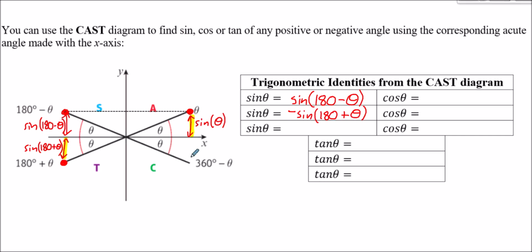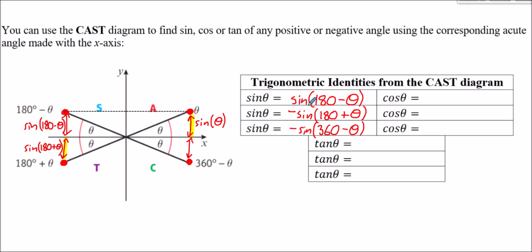In a similar way, this one over here, again, it's below the x-axis, and so the sine of 360 minus theta will be minus sine theta. Or, putting it a different way, sine theta is the same as minus sine of 360 minus theta.